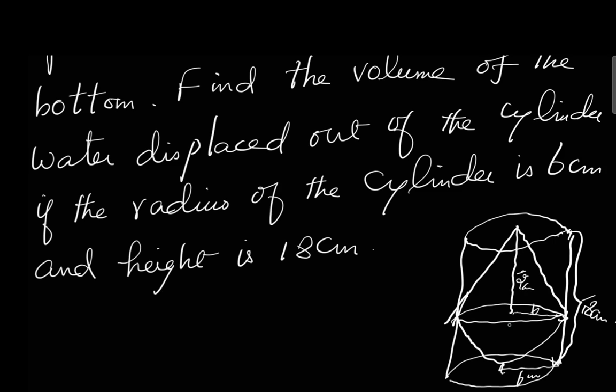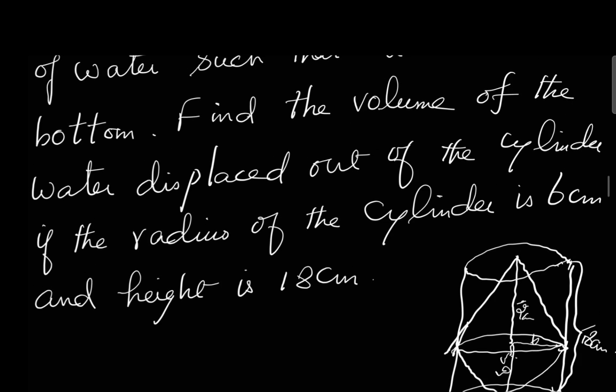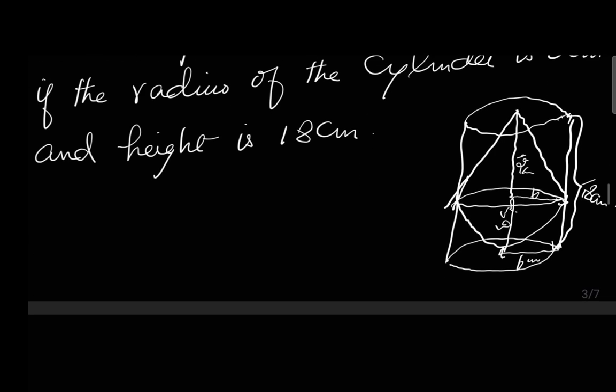The radius of the hemisphere is also 6 centimeter. The cylinder is full of water. If you immerse the solid figure, the hemisphere and cone, inside the cylinder, the water will be displaced. Find the volume of water displaced out of the cylinder.